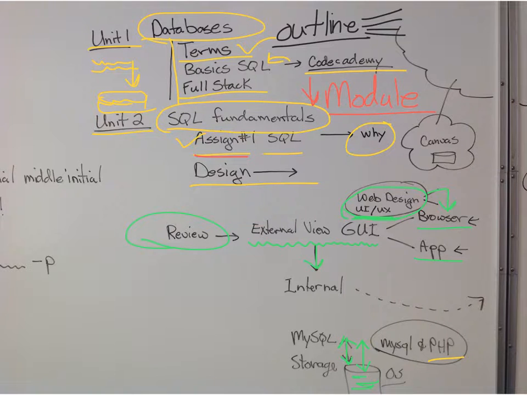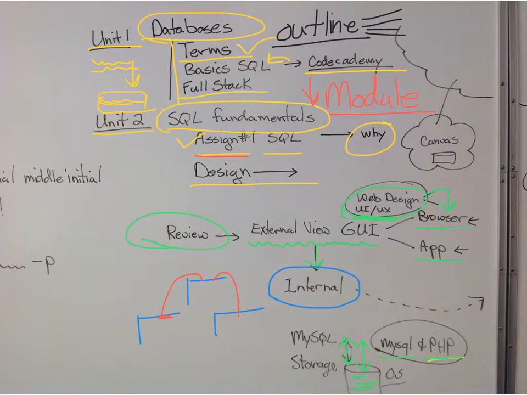Make sense? How do we do that? We use MySQL commands, and then we can use PHP to actually write that. What's in the middle here has a lot to do with our design. Internally, how do we look at that? We're going to be doing a lot of drawing tables and then building relationships between tables.